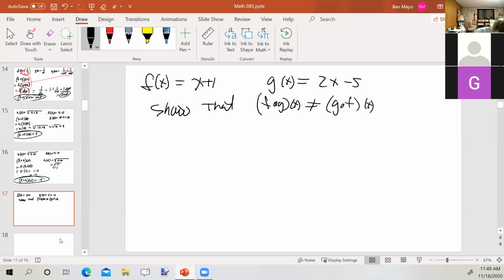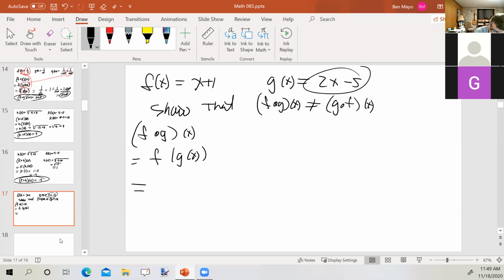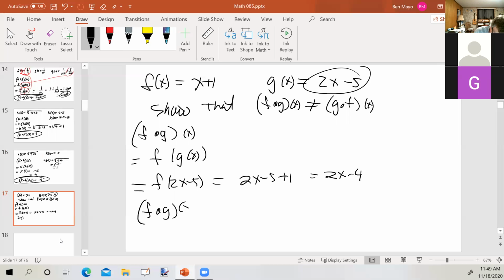So let's find f composed with g of x, which is f of g of x. g of x is 2x minus 5, so this becomes f of 2x minus 5, which is 2x minus 5 plus 1, or 2x minus 4. So f composed with g of x equals 2x minus 4.